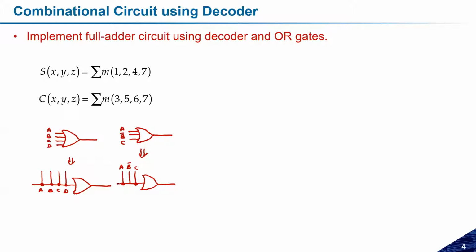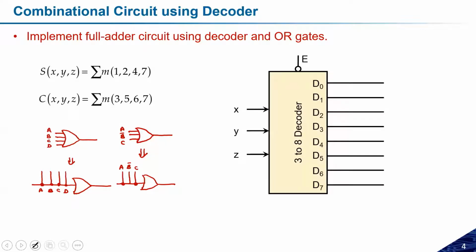Considering this in our mind, let's try to design the full adder circuit with the help of a decoder and the OR gate. Here I have 3 inputs X, Y, and Z. If some function is there like A plus B bar plus C, how will you represent this one?